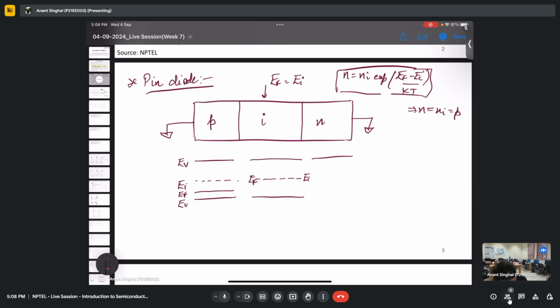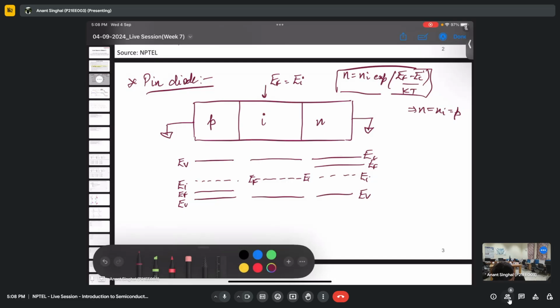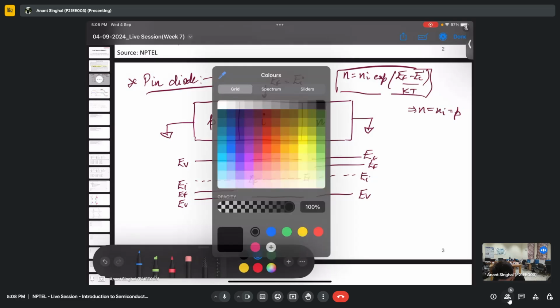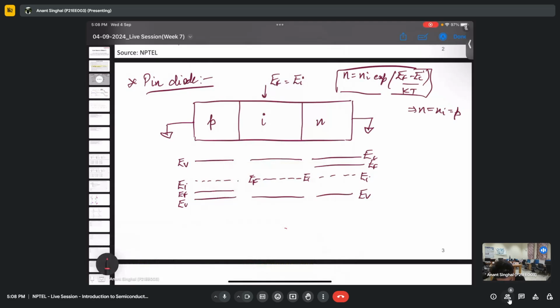And for the N type semiconductor, we have EI and we have this EF, and this is EC, this is EV. Now we can see that the highest Fermi level that we have is here.